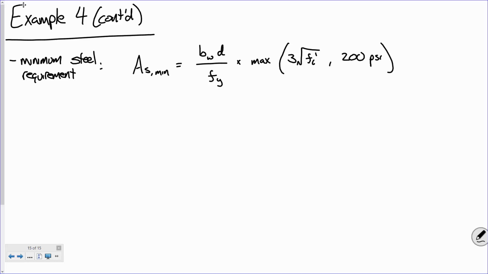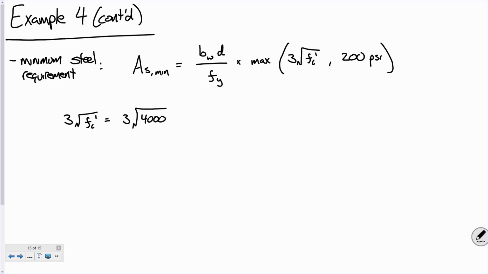So 3 square root of fc prime is 3 times the square root of what? What is fc prime for this problem?